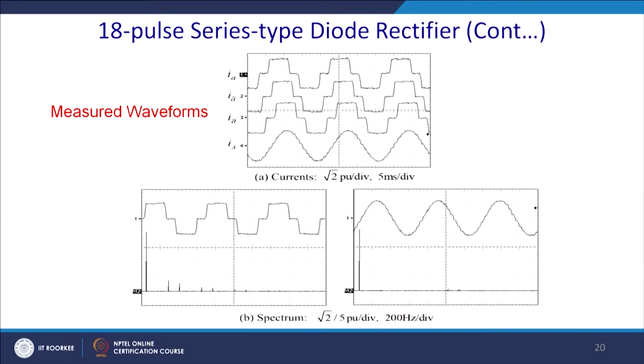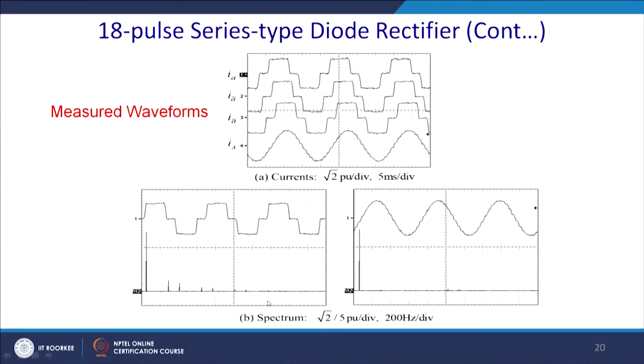So, these are a few waveforms of the 18 pulse converter. This is IA bar, IA delta, and if you superimpose these 3 currents together, this becomes the input current, and this is the harmonic spectrum, the real data.